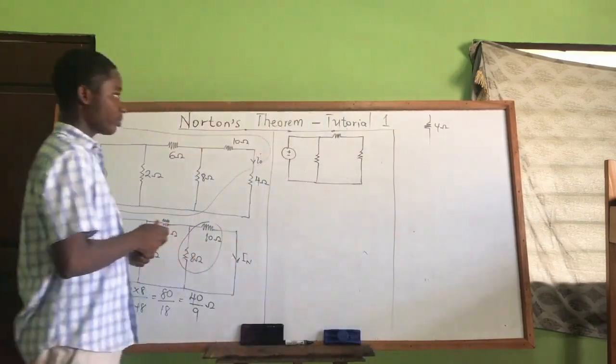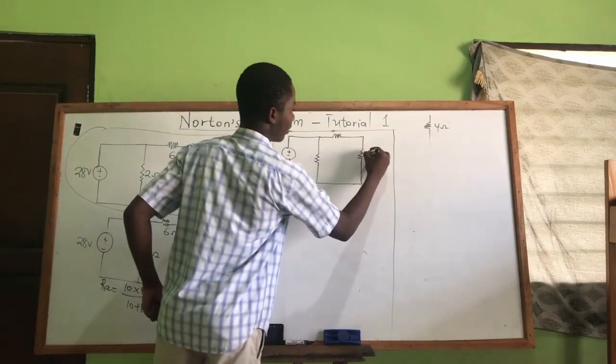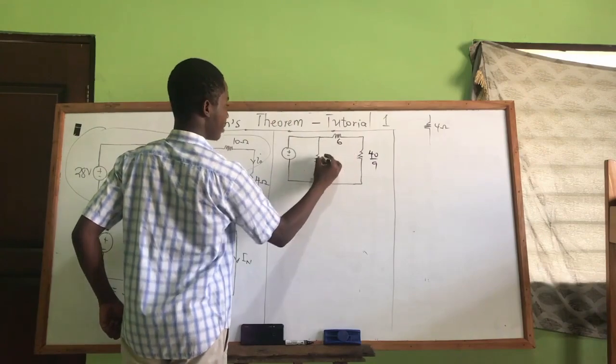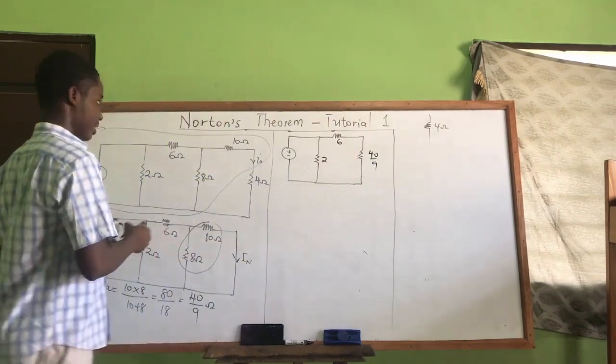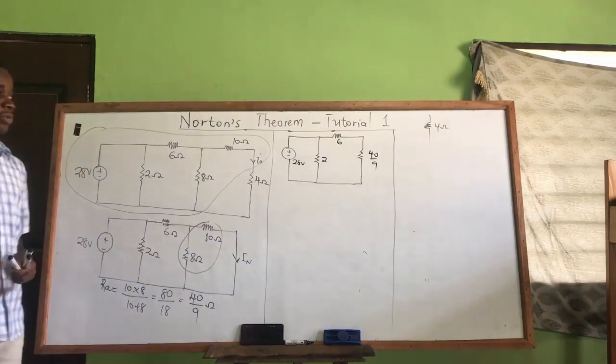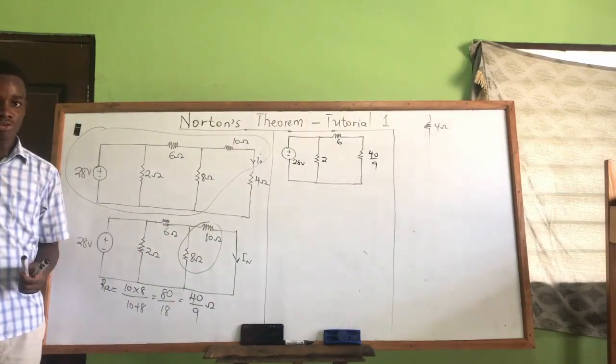Good. So our 40 on 9 is here, our source is here, our 2 is there, and this is 28 volts. So we can decide to find the total current, then use the current divider rule to get the current in the 10.